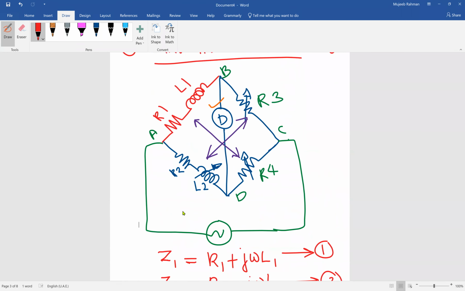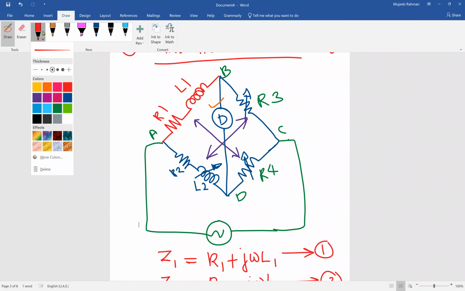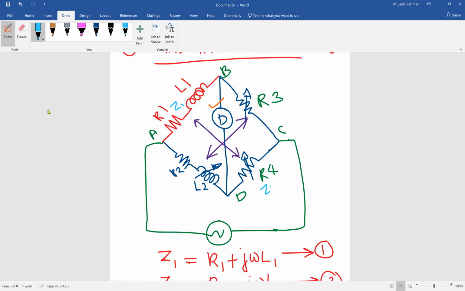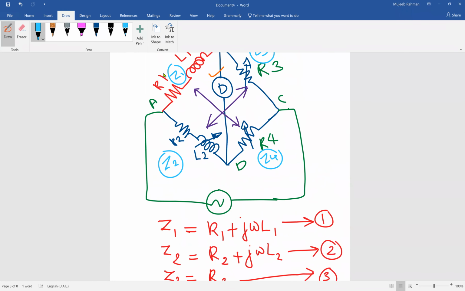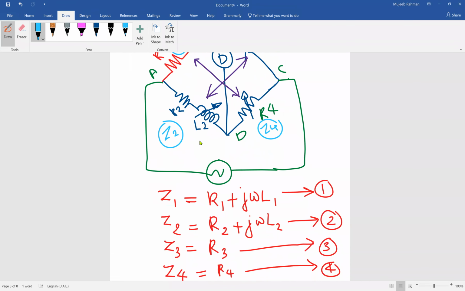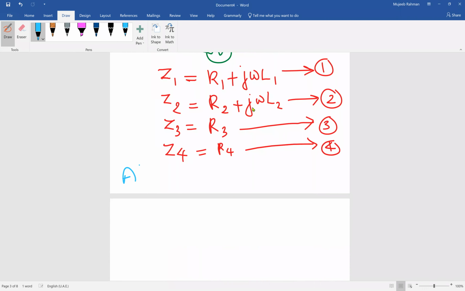So now we can mark these as Z1, Z4, Z3, and Z2. At balance condition, Z1 multiplied by Z4 must be equal to Z2 Z3. So at balance we can write Z1 Z4 equals Z2 Z3.